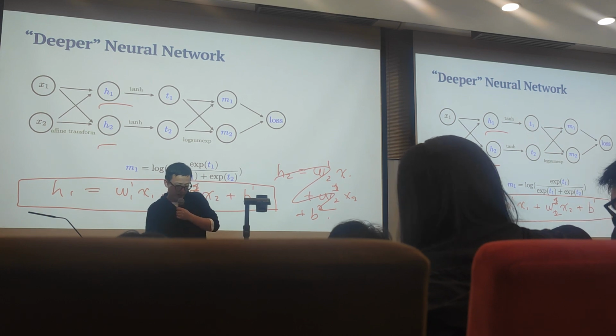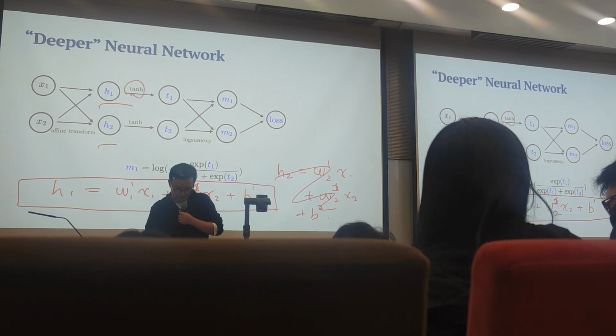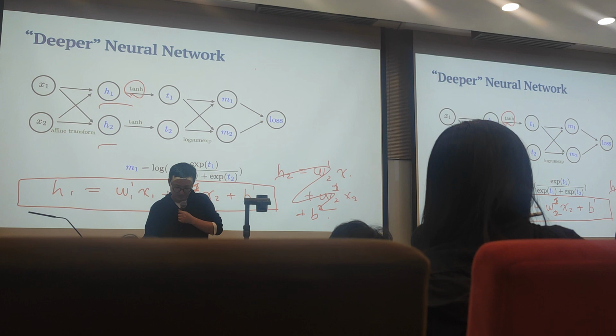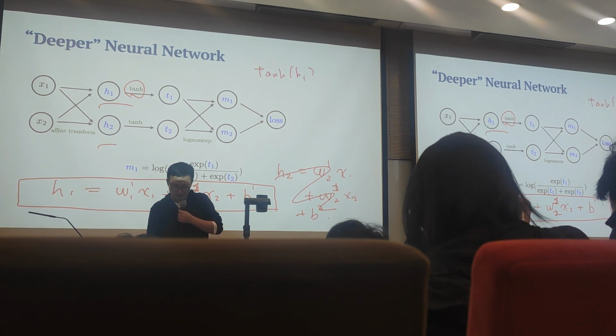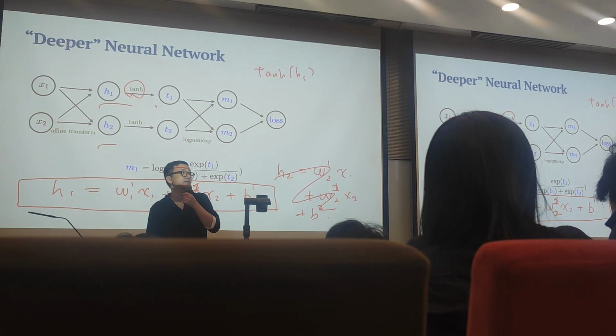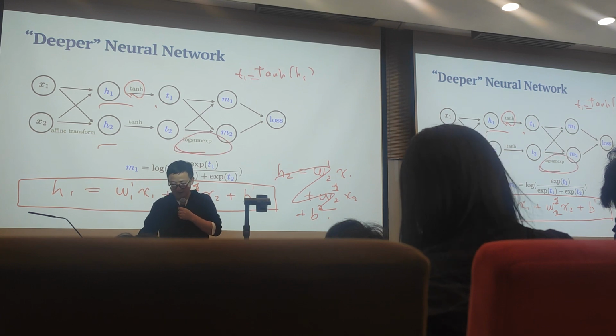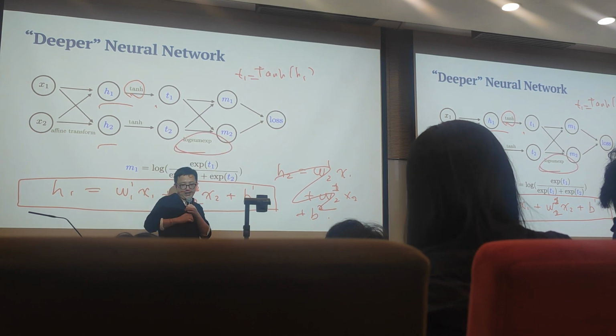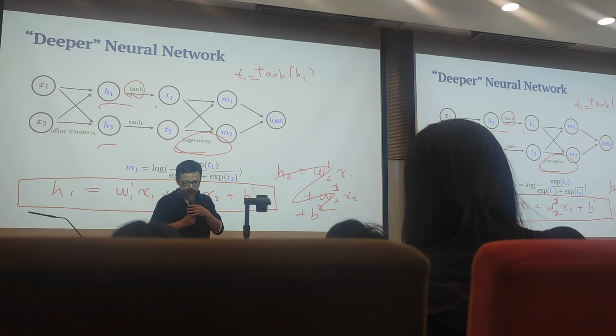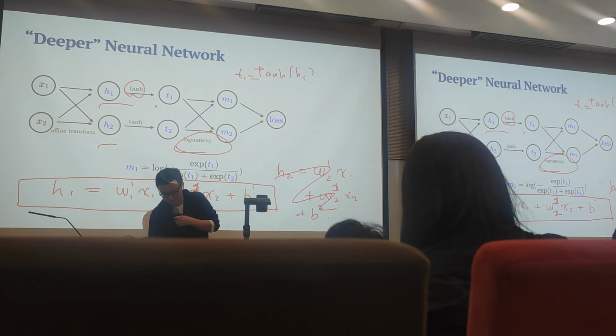After you have H1 and H2, you put them into a tanh. This is something like a cosine function, tanh. So tanh of H1 adds some non-linearity, and you get T1. Then you put in some other fancy expressions, log, softmax, whatever it is, and at the end of the day, you compute the loss.